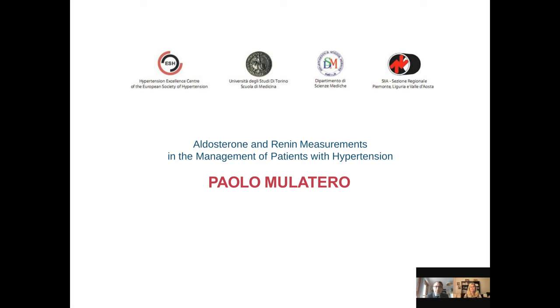drugs. So for example, if we screen our patient under beta blocker, and the aldosterone-renin ratio is negative, is normal, we can be sure the patient cannot have primary aldosteronism because beta blockers are known to cause some cases of false positive diagnosis.